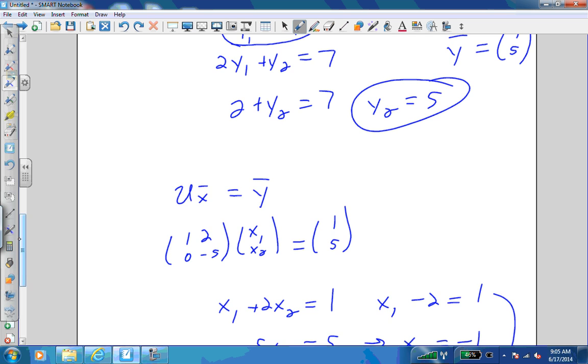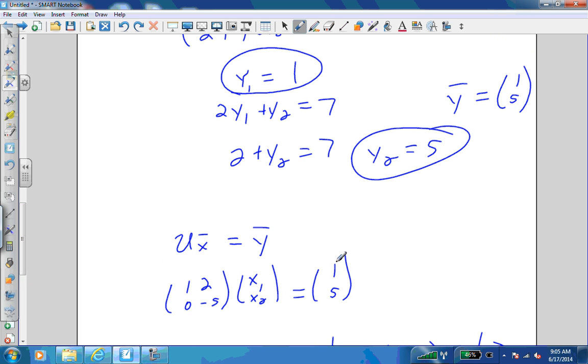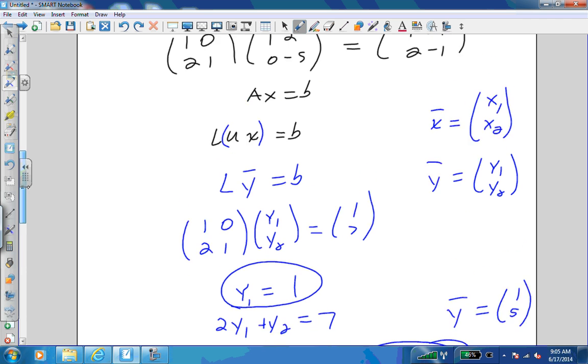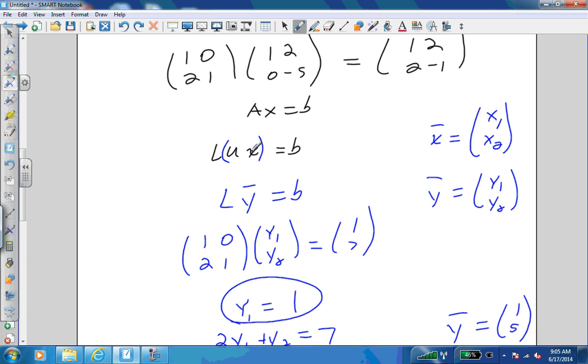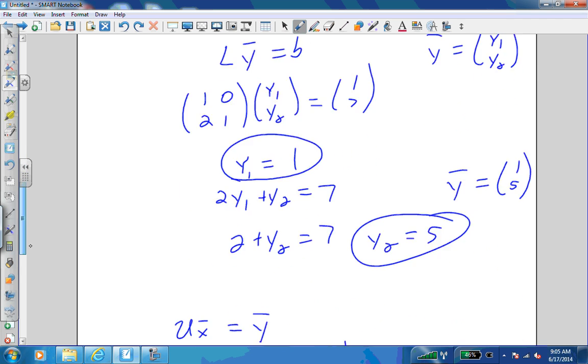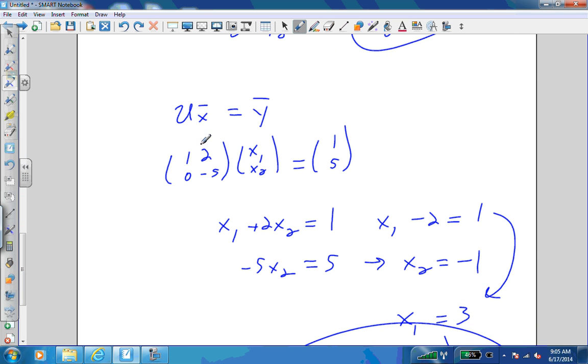So knowing y, if we substitute, so this was y, since Ux is y, then U times our x is our y. Notice our second row only has one number in it, so we can immediately find out what x sub 2 is.